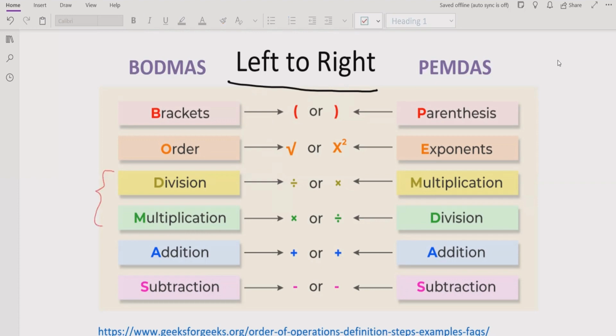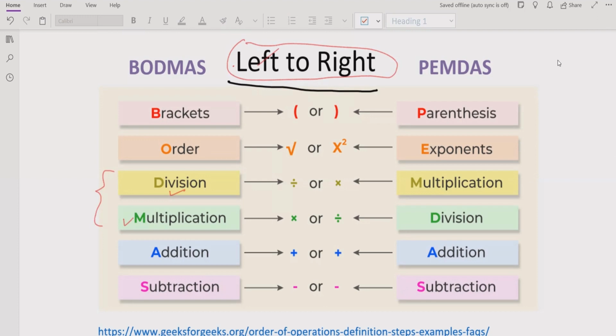So what is the rule? You have to follow the expression left to right, and after that you see the division and multiplication.